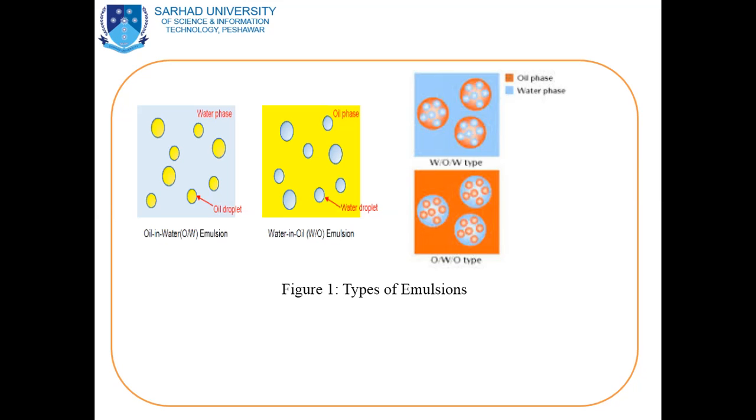We can also classify pharmaceutical emulsion on the basis of routes of administration. For example, orally administered emulsion, parenterally used emulsion, or parenterally injectable pharmaceutical emulsion, or topically utilized emulsion.